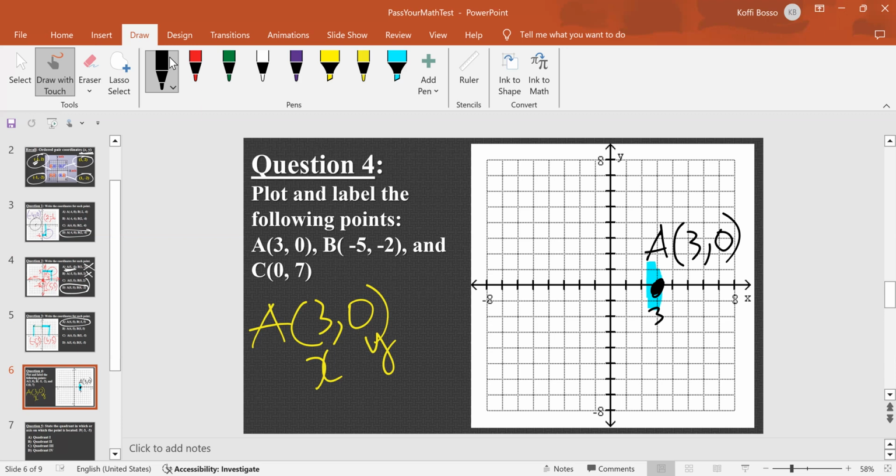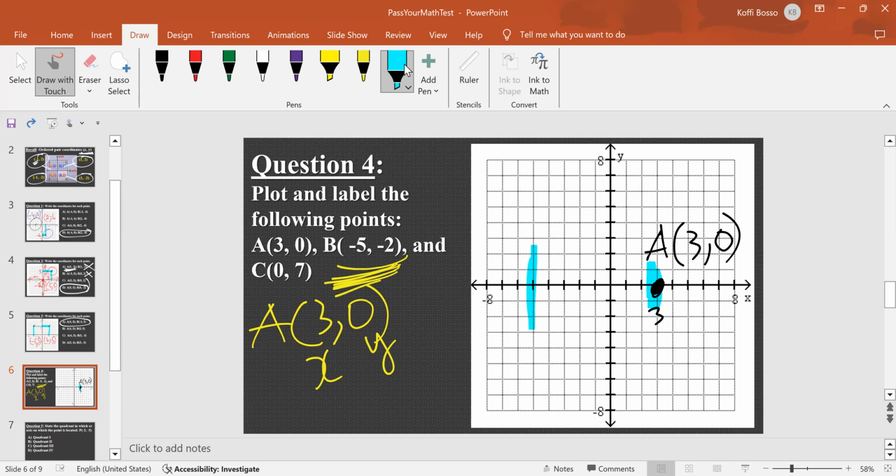Point B, (-5, -2). Remember, every time you have a point where the two coordinates are negative, which is the case here, that means the point is located in quadrant 3, so on this side. Now, x is negative 5, so we count 1, 2, 3, 4, 5. Negative 5 is here, so let's use this color.